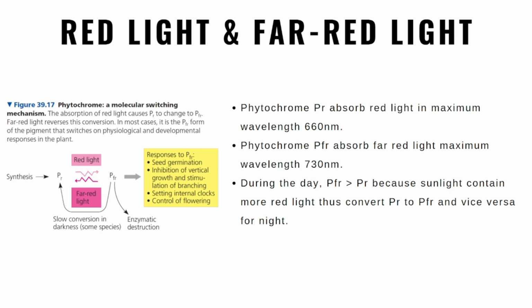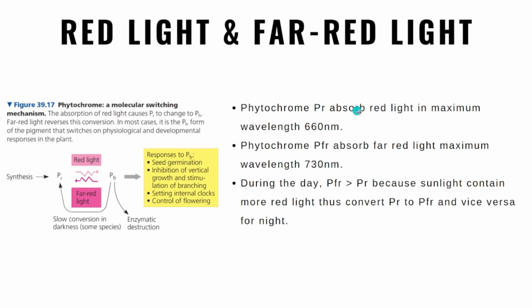You just want to know that there are two types of this pigment found in plants, which are Pr and Pfr. Phytochrome Pr and phytochrome Pfr. So Pr, as already mentioned, is the phytochrome that absorbs red light only.